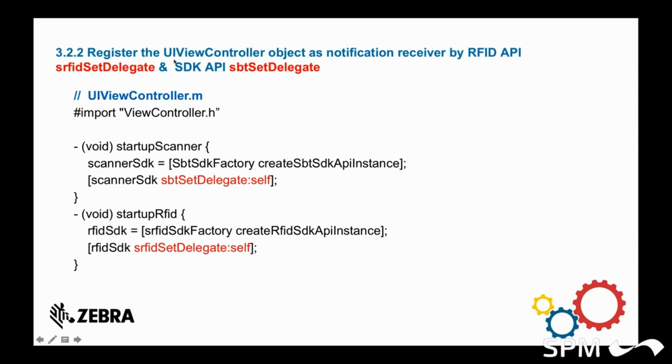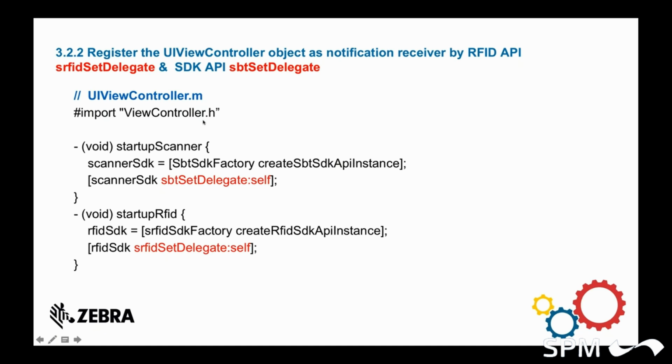Next, you need to register the UI view controller object as the notification receiver by API. So use the RFID set delegate API, and for scanner, you use the SBT set delegate API.